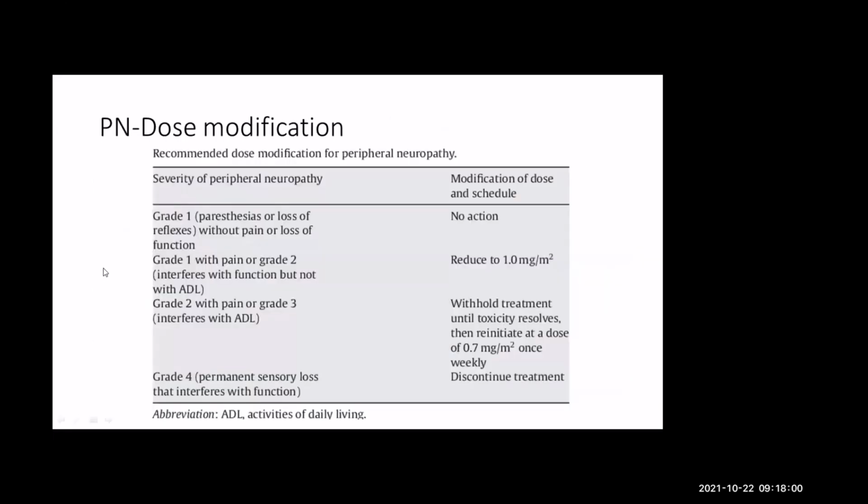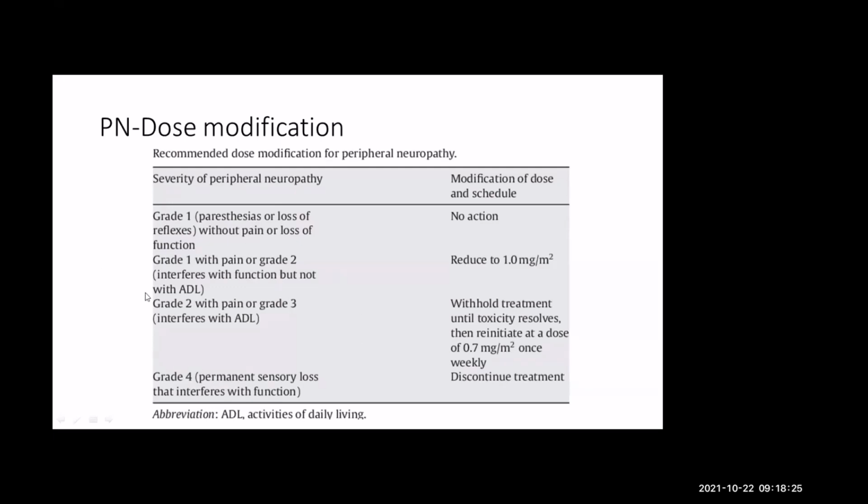Next is neuropathy, a very important thing. We keep on giving the treatment, and we have to realize that we have to look at the early signs of neuropathy. So cramps, calf pain, or some uneasiness could be important things. And second thing is, whenever there is associated pain, the neuropathy grade is upgraded for bortezomib-induced neuropathy.